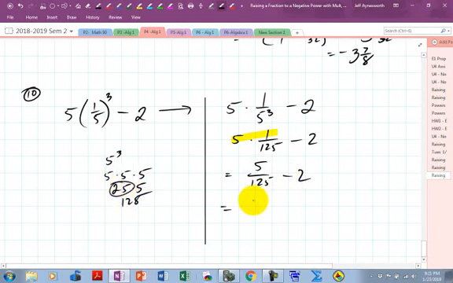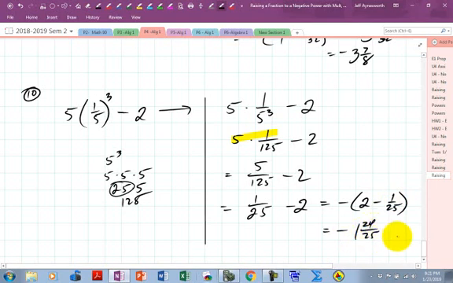So this is 1/25 minus 2, which is equal to the negative of whatever 2 minus 1/25 is. And then you get negative 1, and let me see, 1 from 25 is 24, and so you get negative 1 24/25. And that, my friends, is how it's done, okay?